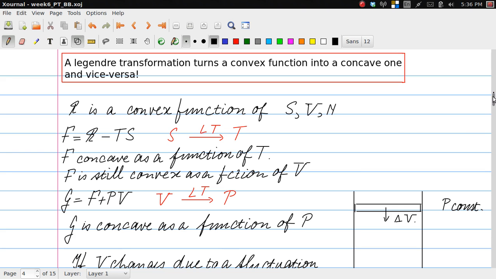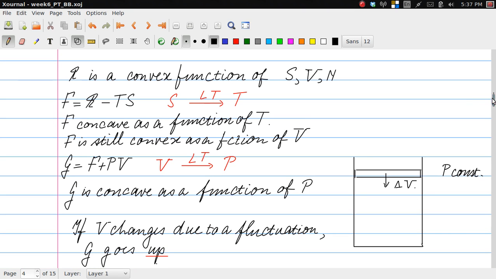Now, it is interesting to see whether we could perhaps write this not as a function of P, but as a function of P and V. So there is a certain equilibrium value of V, and that equilibrium value is found from the thermodynamic relations that we obtain from G, but it doesn't mean that this is the only value possible.